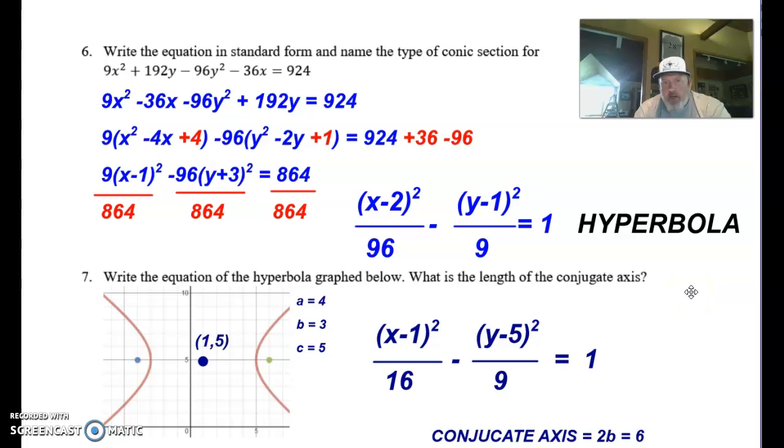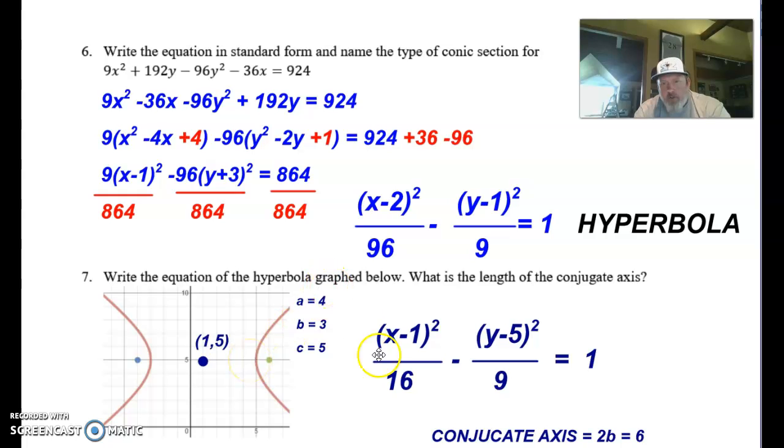Number 7, they want us to graph that and get the length of the conjugate axis. Again, they did not give us the center point, so you have to know the center point's halfway between the vertices. So right here at (1, 5). It opens left and right, so x comes first, (x - 1) squared, (y - 5) squared. The distance from here to here, that is a, so that's 4 units.